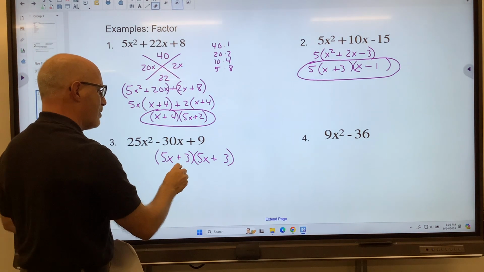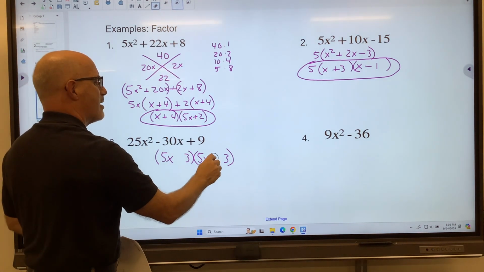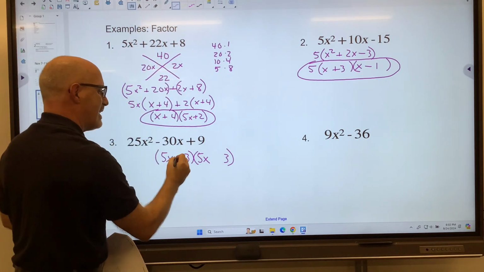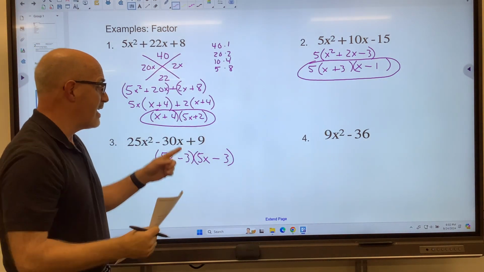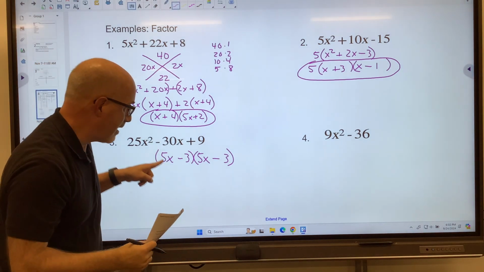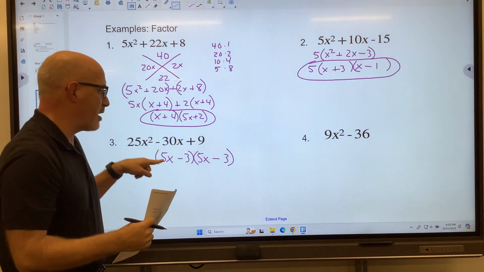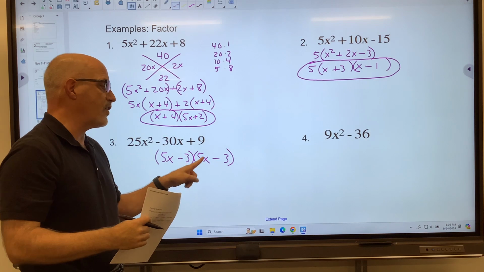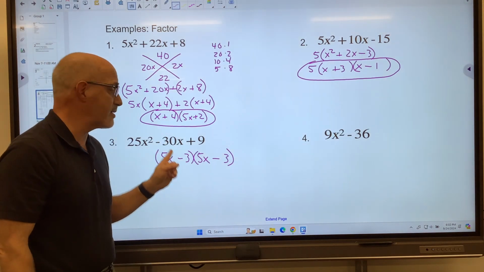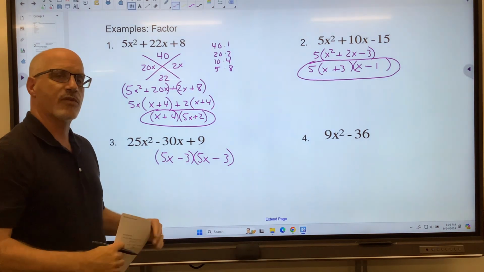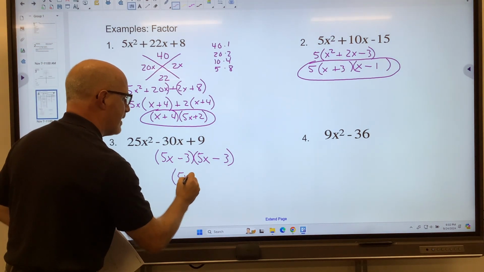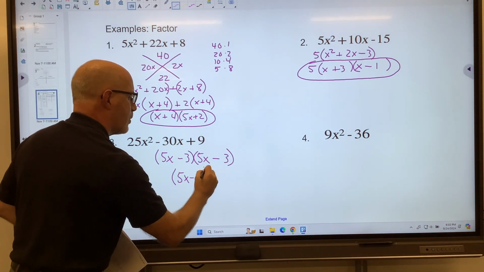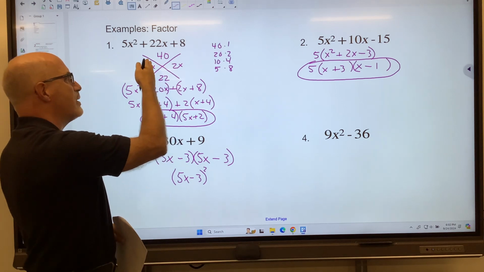We can also notice that because we could multiply negative 3 times negative 3 and get a positive 9, this actually does give me 25x squared minus 15x minus 15x gives me negative 30x, and then negative 3 times negative 3 gives me the positive 9. So this is just 5x minus 3, the quantity squared, which is quicker than doing the x method.